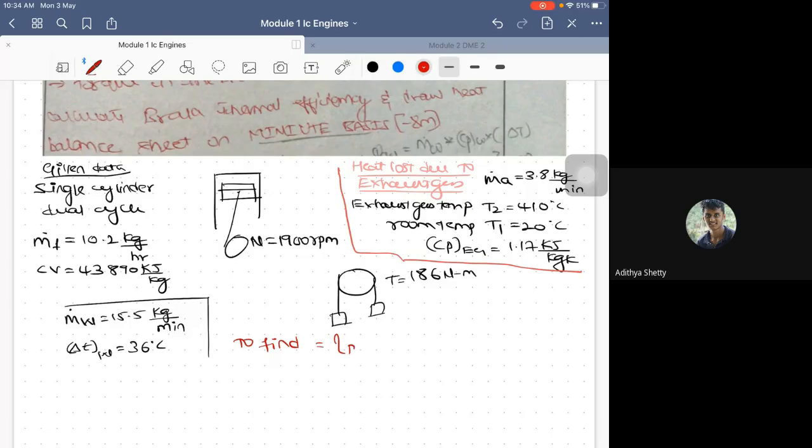So one thing he has asked is brake thermal efficiency, which you must calculate. The other thing he has asked is to draw a heat balance sheet. Can you tell me on which basis, hour basis or minute basis? Minute basis. So you mentioned you have to draw it on the minute basis. That's great. Shall we start the solution then?